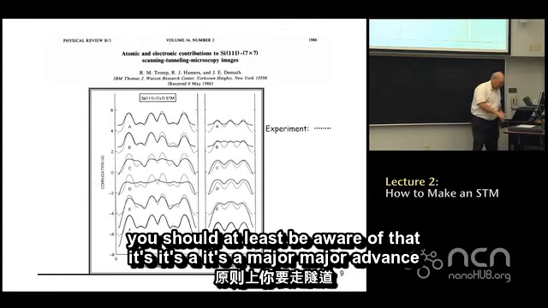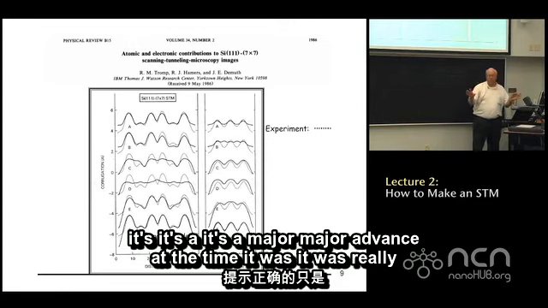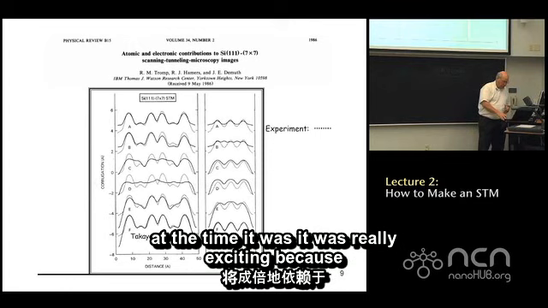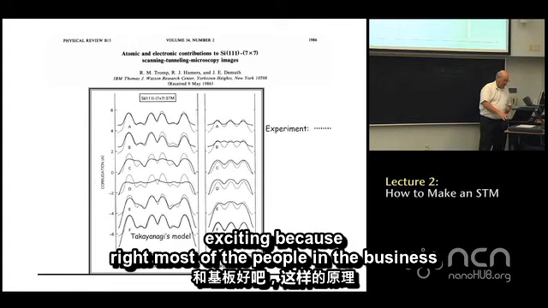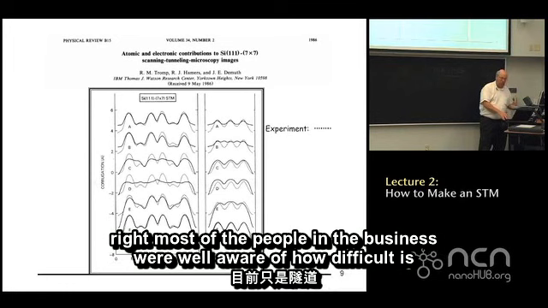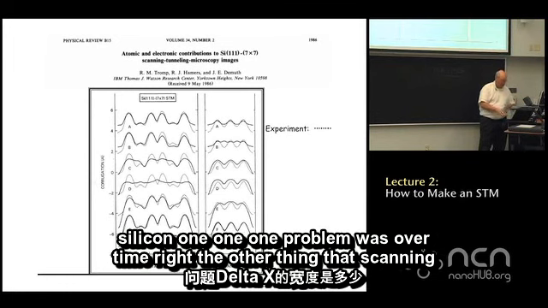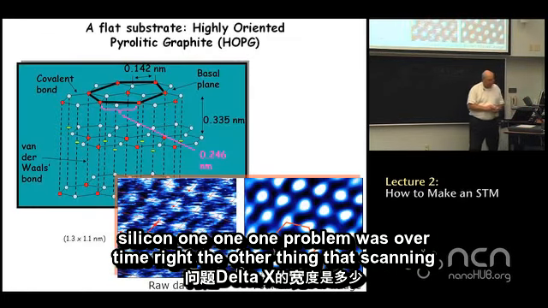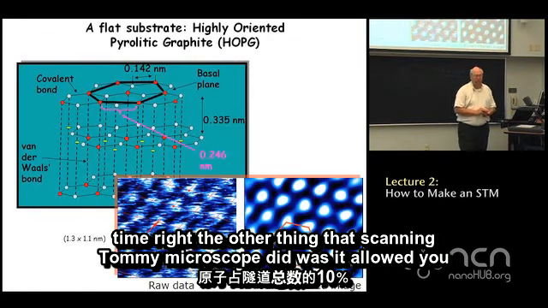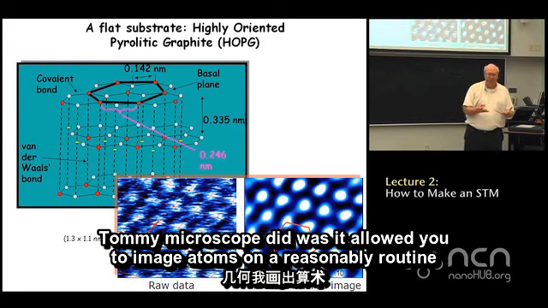It's a major advance. At the time, it was really exciting because most of the people in the business were well aware of how difficult this silicon-111 problem was over time, right? The other thing the scanning tunneling microscope did was it allowed you to image atoms on a reasonably routine basis.